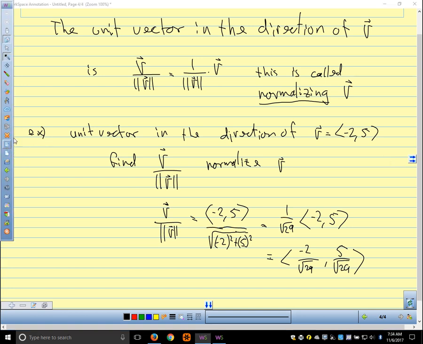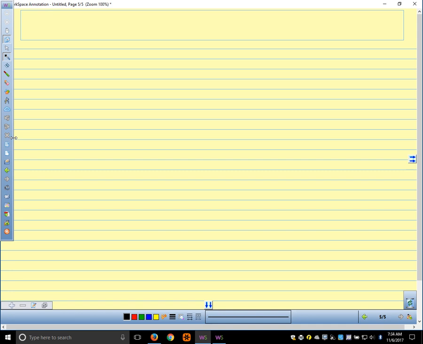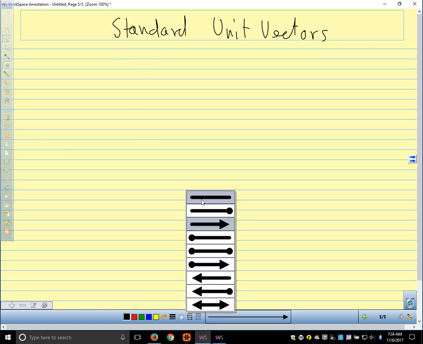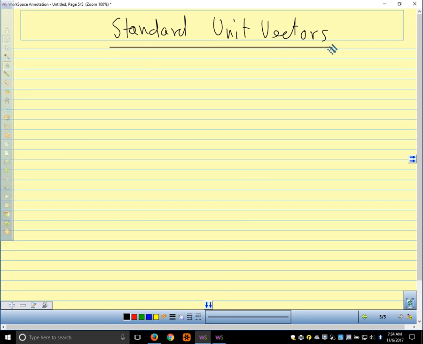Okay. In science, you will see this notation a little more with your standard unit vectors. The mathematical notation is usually the bracket notation. And if you go further in math, you'll see vectors represented as matrices rather than in bracket notation. Our standard unit vectors, i hat is the vector 1, 0, and j hat is the vector 0, 1.